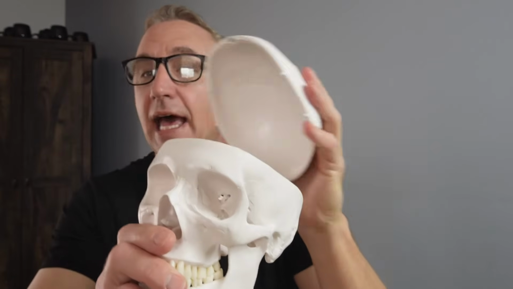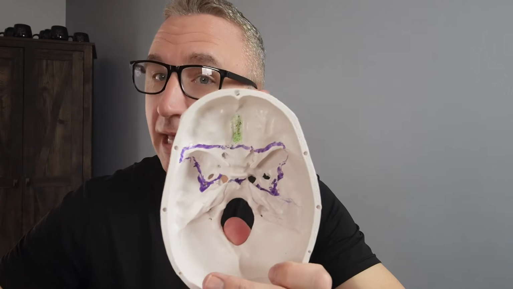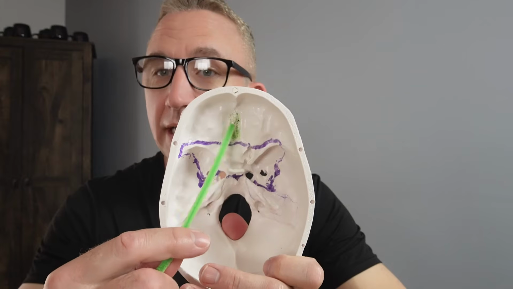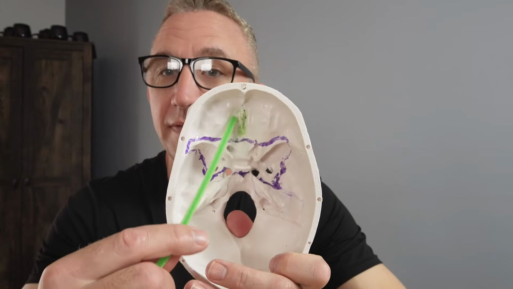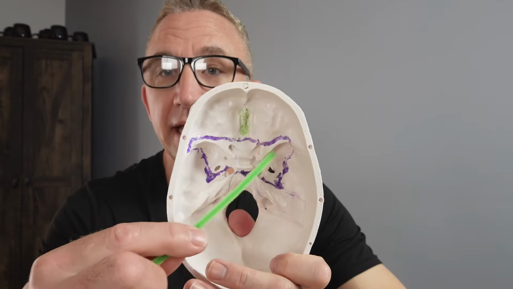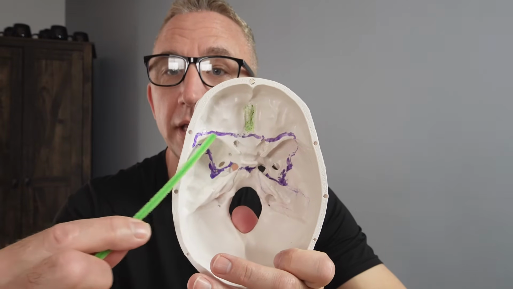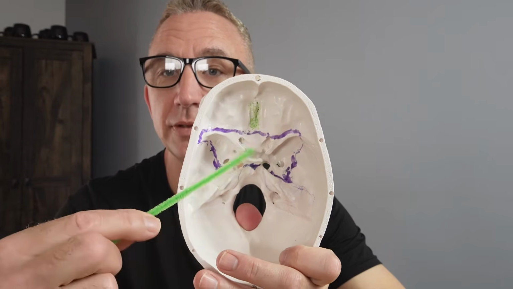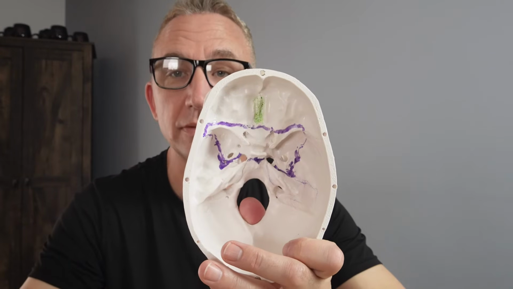When I look inside the skull, we're going to look at ethmoid and sphenoid. And I'm going to turn it this way. This is the anterior. Tried to highlight this as best I could, but the green here, this is the part of the ethmoid bone, one of our pneumatized bones. And then where I drew the purple that's creating the boundary there, this is the sphenoid bone.